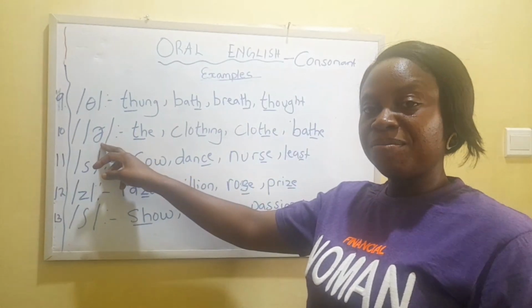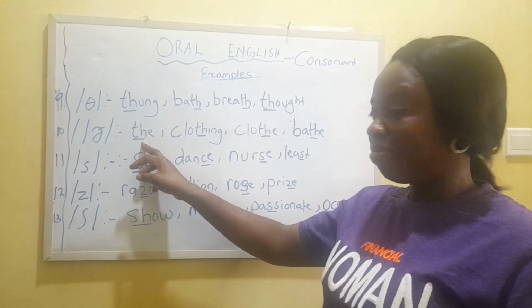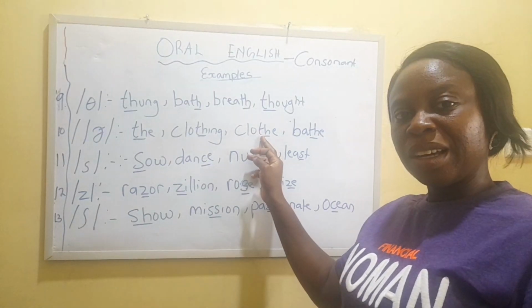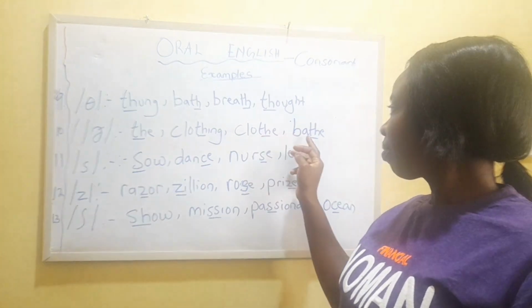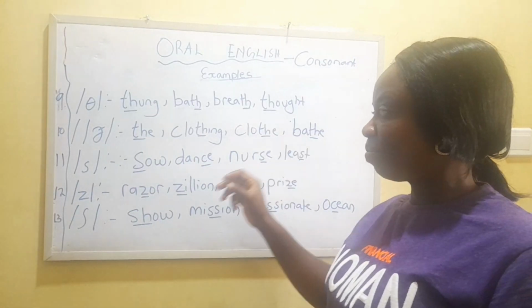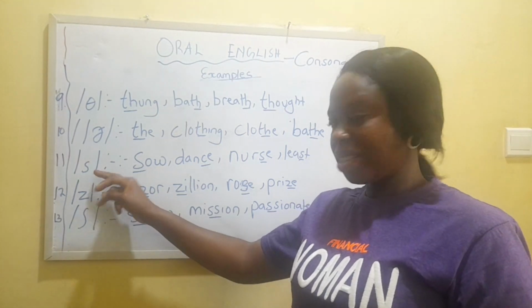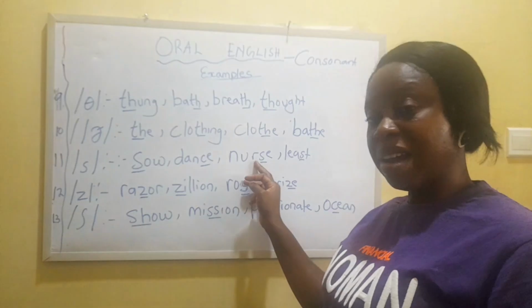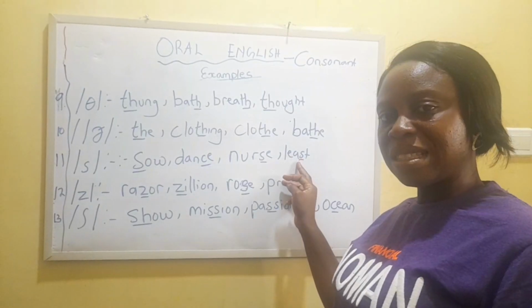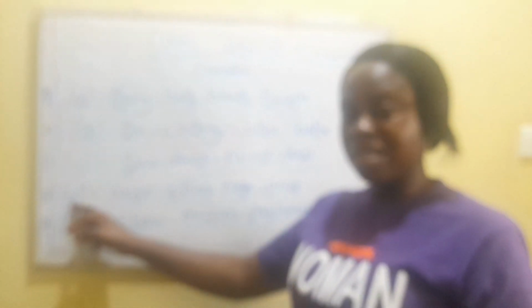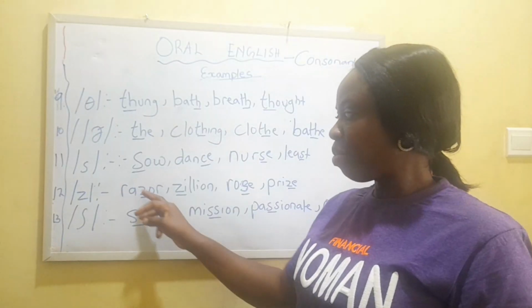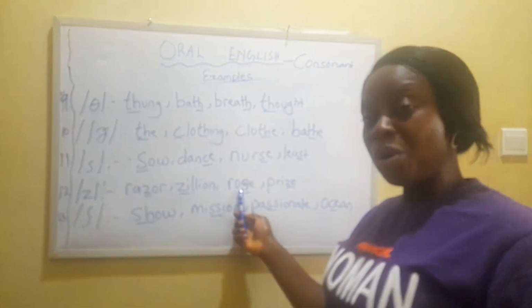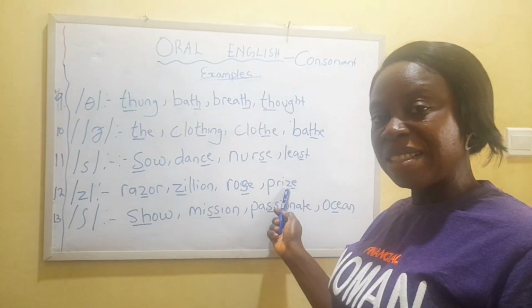We have clothing, clothe, bath, sew, dance, nurse, lists, razor, zillion, rose, prize.